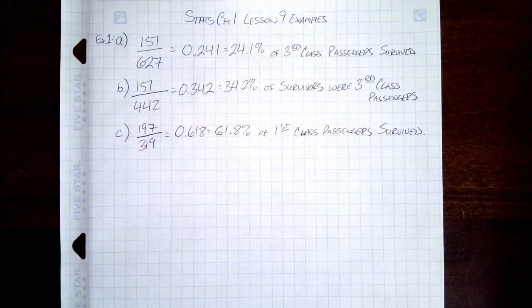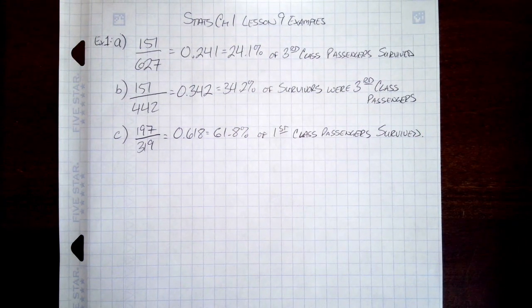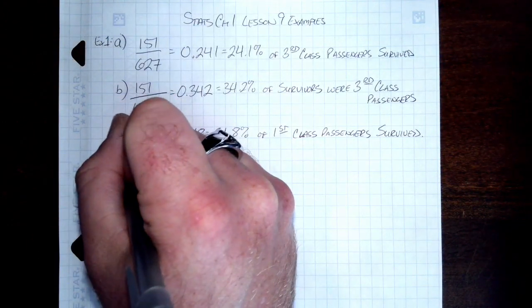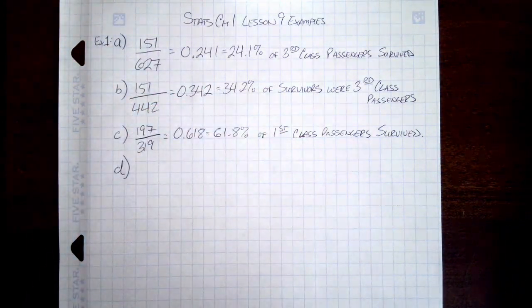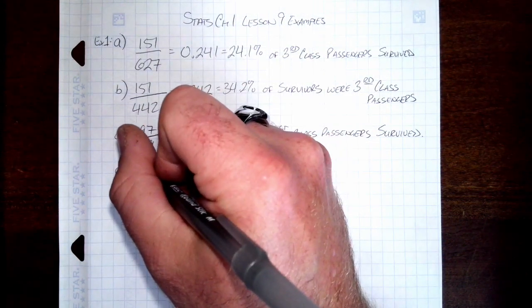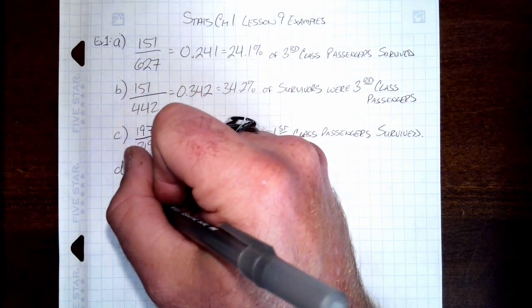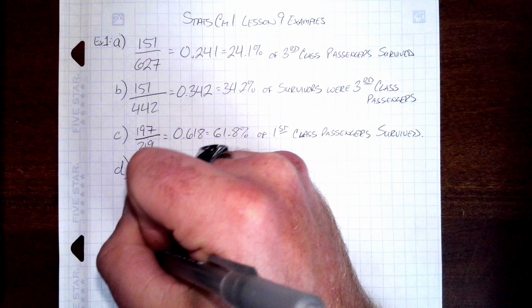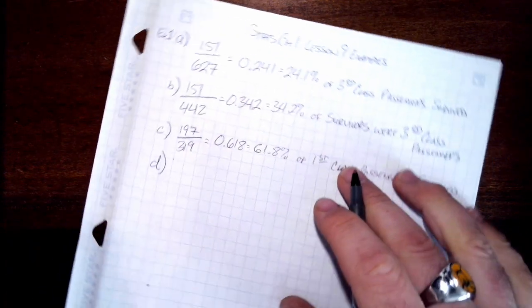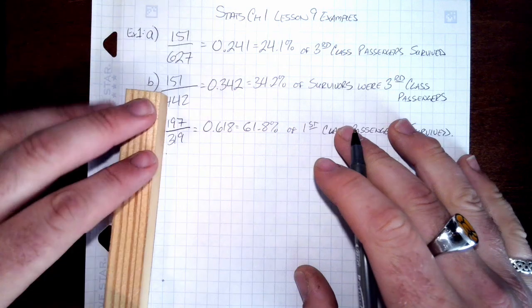So now we're going to make a segmented bar graph to find the distribution of survival status for each class of travel. So when they say for each class of travel, that means that we're going to use those on the x-axis. Let's also give ourselves a little bit of space here. Make a nice big graph.